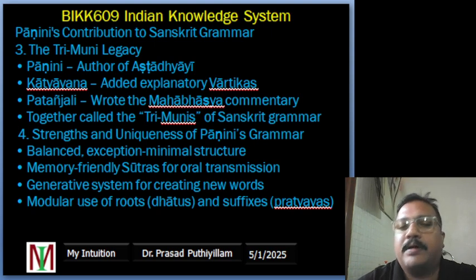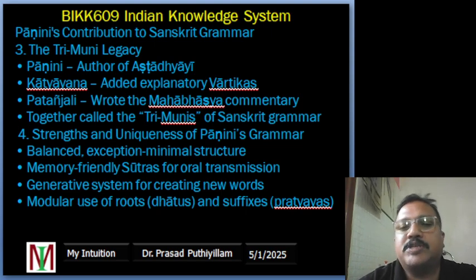These three great wise men, Panini, Katyayana, and Patanjali, are known together as the three munis, or three sages. They created a very strong base for Sanskrit grammar. Even today, their work is respected and studied for its deep knowledge as well as its clear logic.